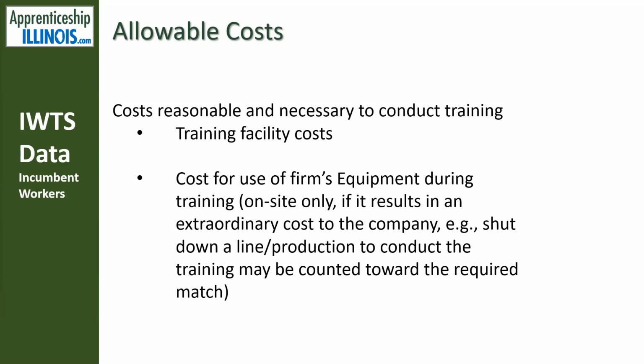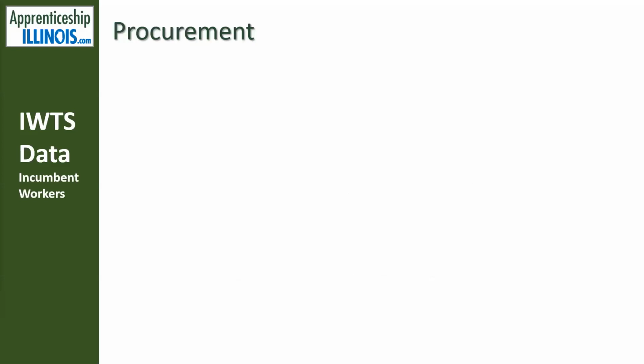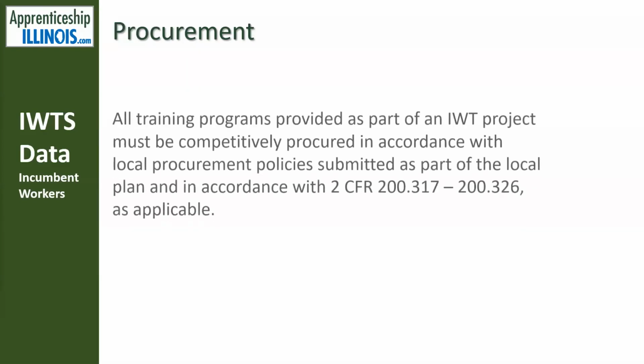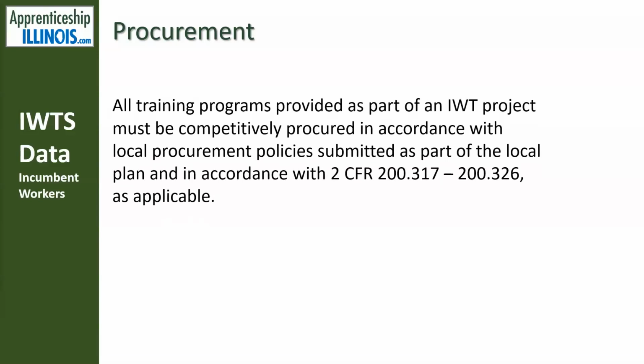You're training on the company's own assembly line or using their own equipment, and because you're doing training, that product and all that stuff is coming off of production, so there's a cost to the company for that. They can count the value of that time toward their required match. So that's another way they could meet the match if wages alone won't get there.